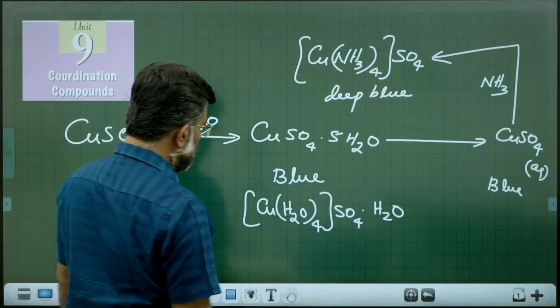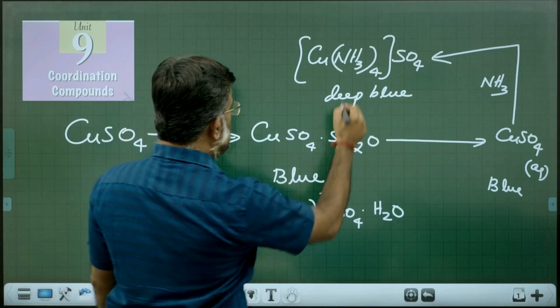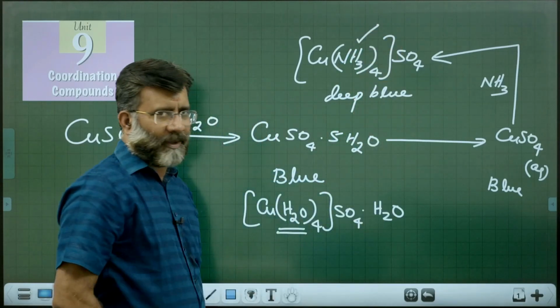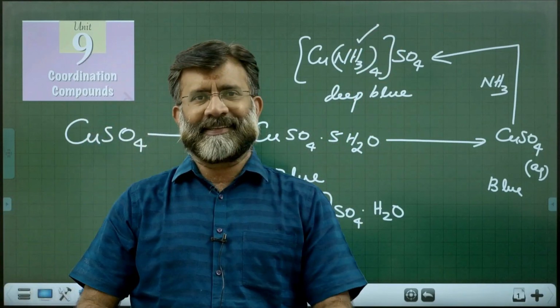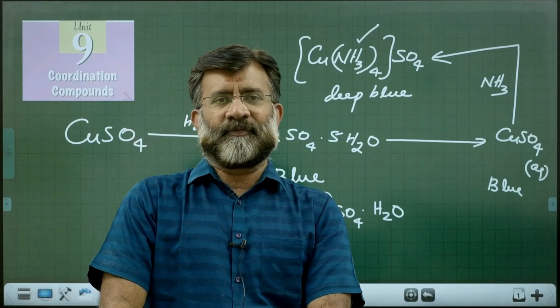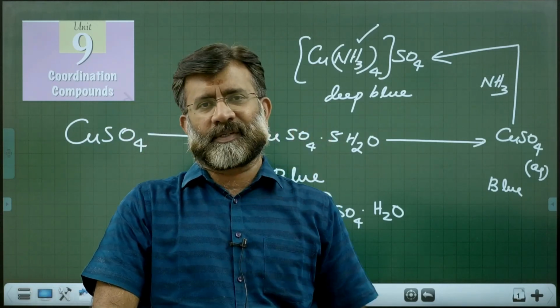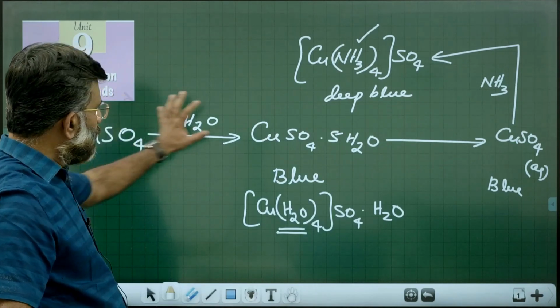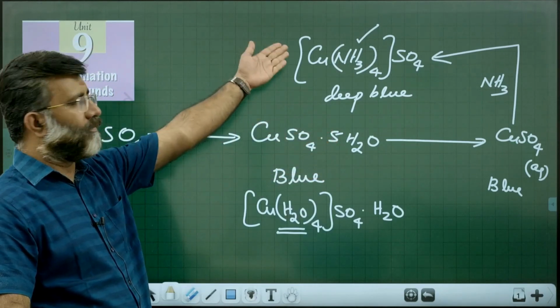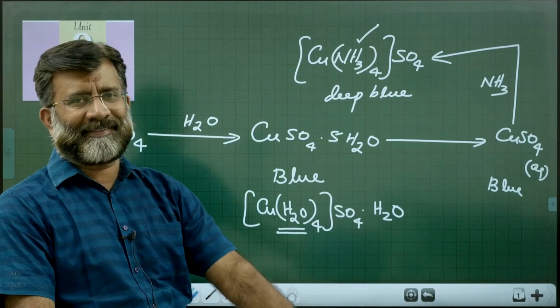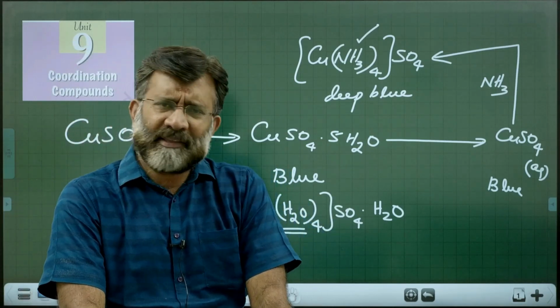And you can very well understand the water molecules are replaced by ammonia molecules. Now there is a change in color and you get another, different complex. My point of discussion is simple: simple and stable molecules get converted to complex molecules by chemical reaction.